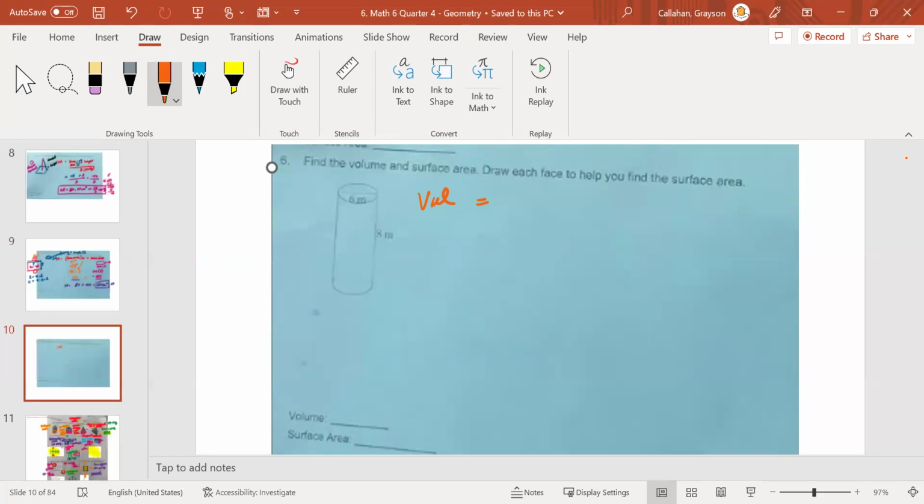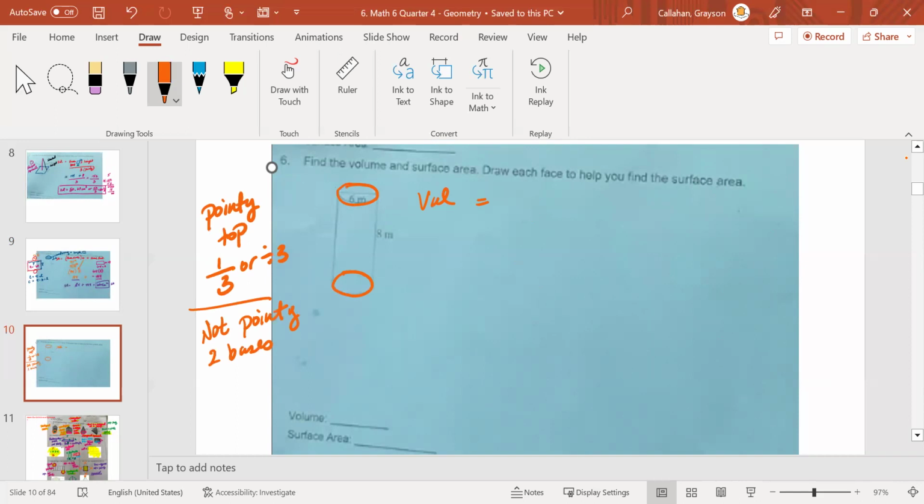Okay, the volume is going to be easy. Do you see how there are 2 bases, top and bottom, right? If it's going to be a pointy top, you always multiply by 1/3, which is the same thing as dividing by 3, right? Now, if it's not pointy, which means there are 2 bases, like this one right here, then you don't do anything.